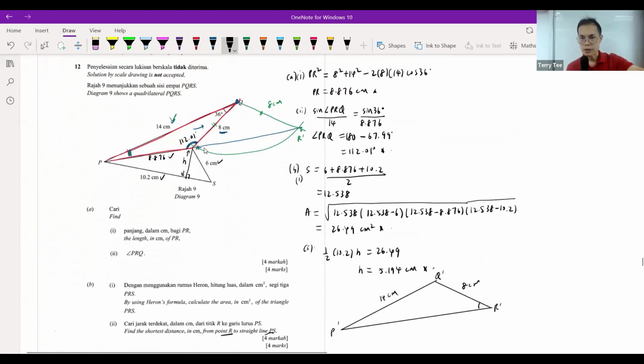We know that these two are equal length, so these two must be the same angle. So you don't have to recalculate because we already calculated this earlier, 67.99. 67.99 here, this also 67.99. Therefore, this is part C here, angle PR prime Q prime should be 67.99.